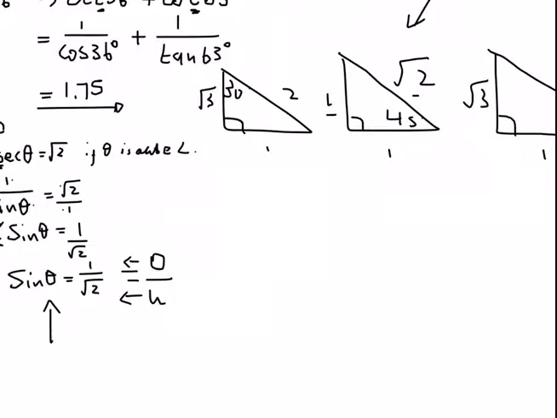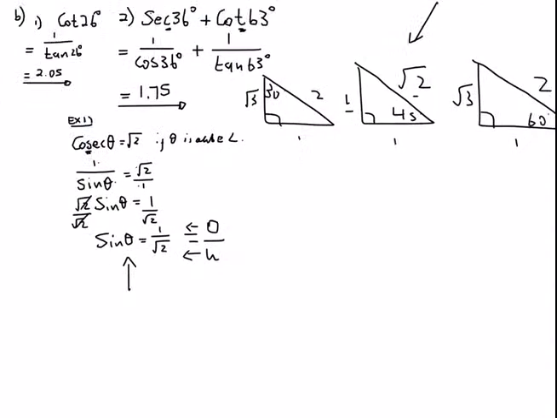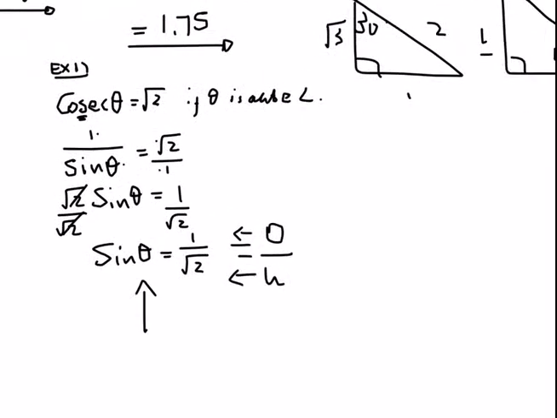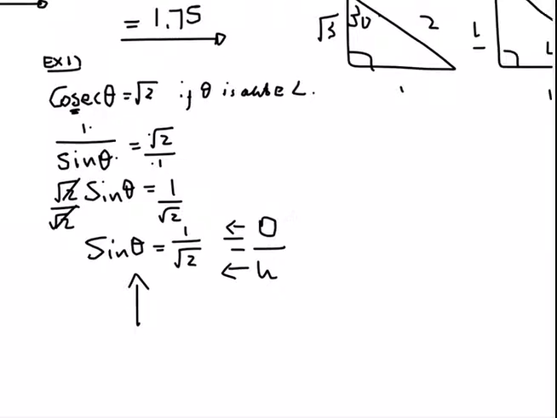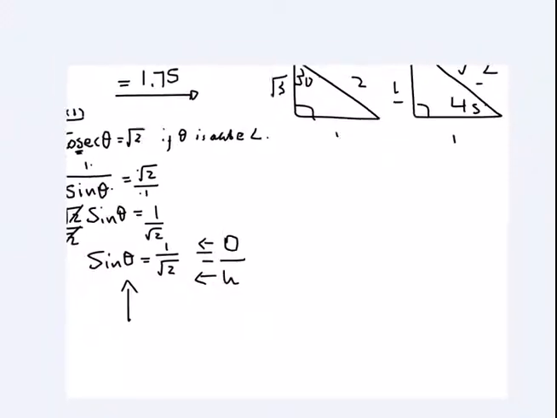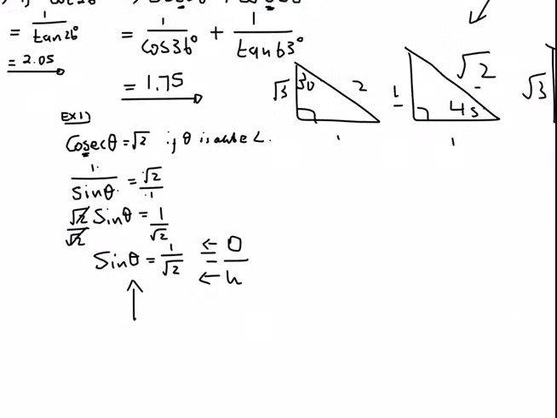So the angle could either be 30, 45, or 60. You need to rewrite whatever problem you are given nicely in the form of cos, tan, or sine, so that it will be easier for you to match it with one of those. In conclusion, we can say our theta is 45 degrees. That's how you can work it out.